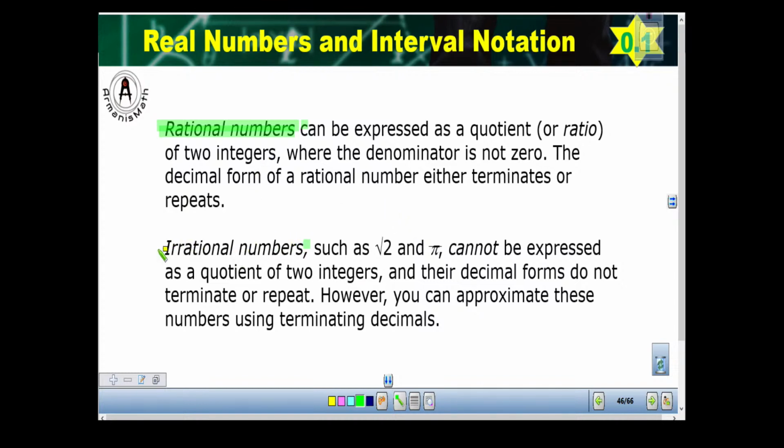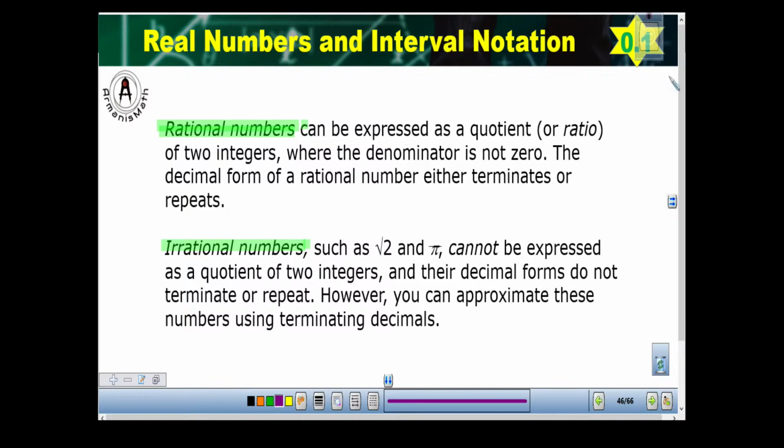Irrational numbers are not that. These are, for example, the square root of 2. They cannot be expressed as a quotient of 2 integers, and the decimal forms do not terminate because they keep going. Try the square root of 2 in your calculator, and your friend tries it in theirs. The calculators are different. They're probably going to terminate at some point, and I guarantee you they're probably not going to be exactly the same down the road.